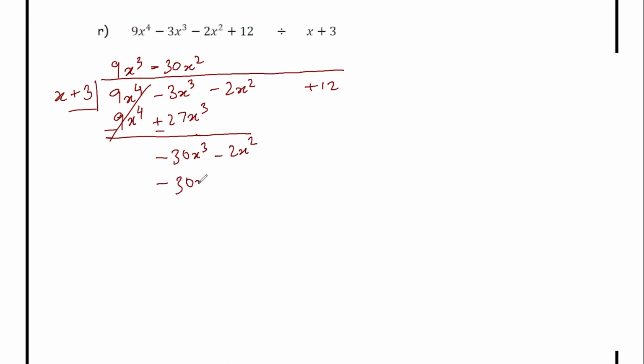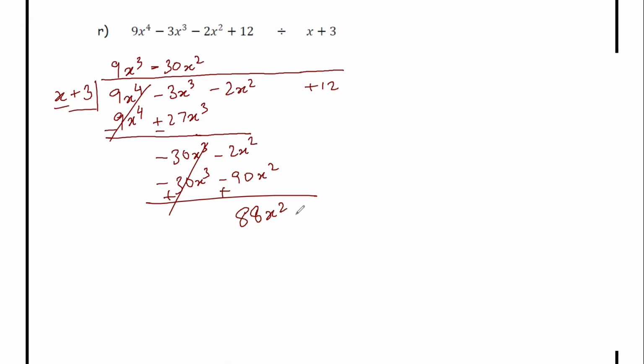I want minus 30x cubed, so it'll become minus 30x squared. So x into this will be minus 30x cubed, and plus 3 into minus 30 is minus 90x squared. Change the sign. This cancels, and you got 88x squared.